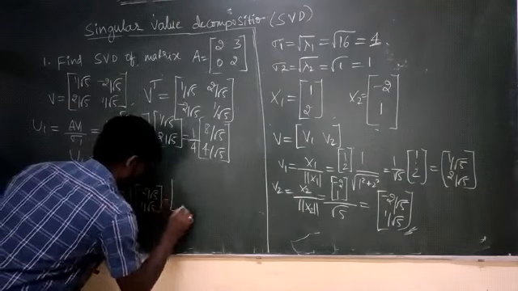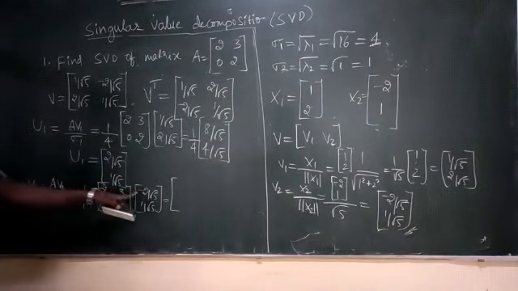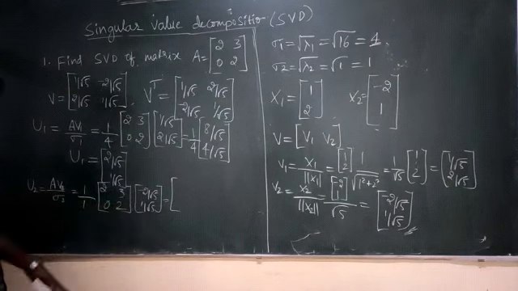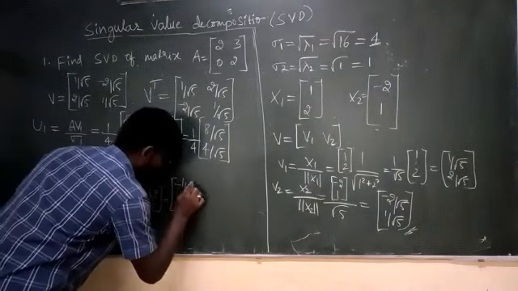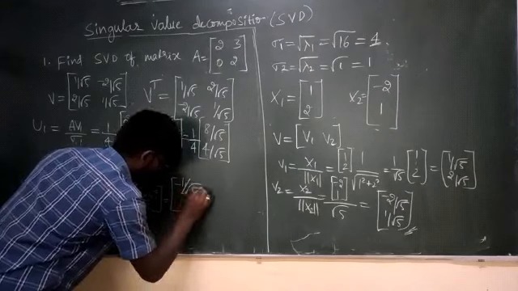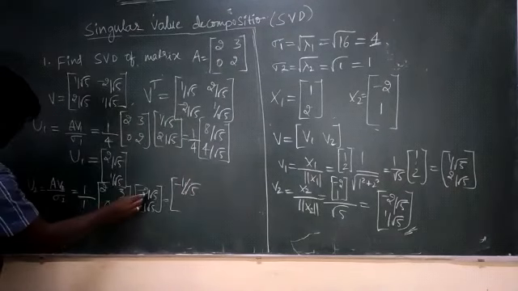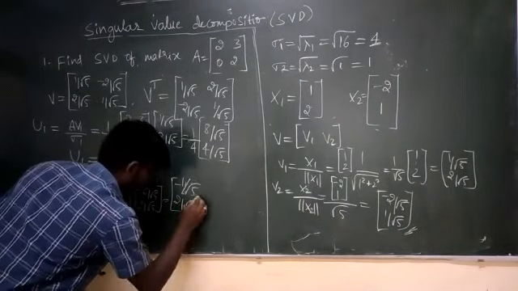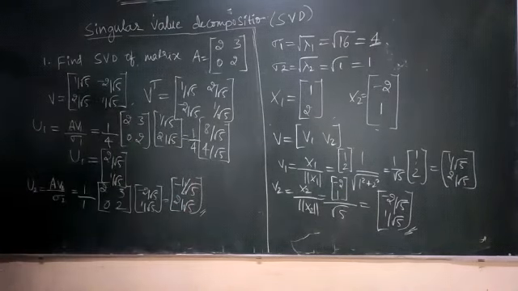Then we get 2 into minus 2 is minus 4, plus 3 into 1 is 3, so minus 1 by root 5. Then 0 into anything is 0, and 2 into 1 is 2 by root 5. This is the U2 matrix.